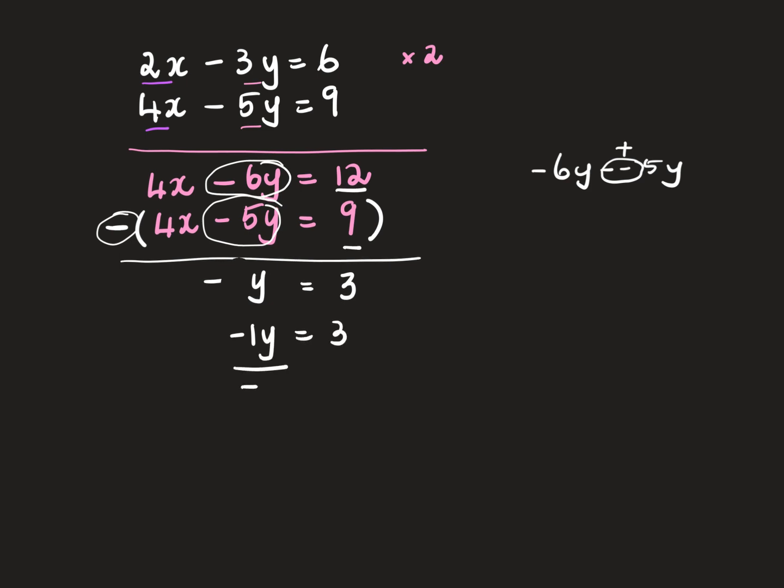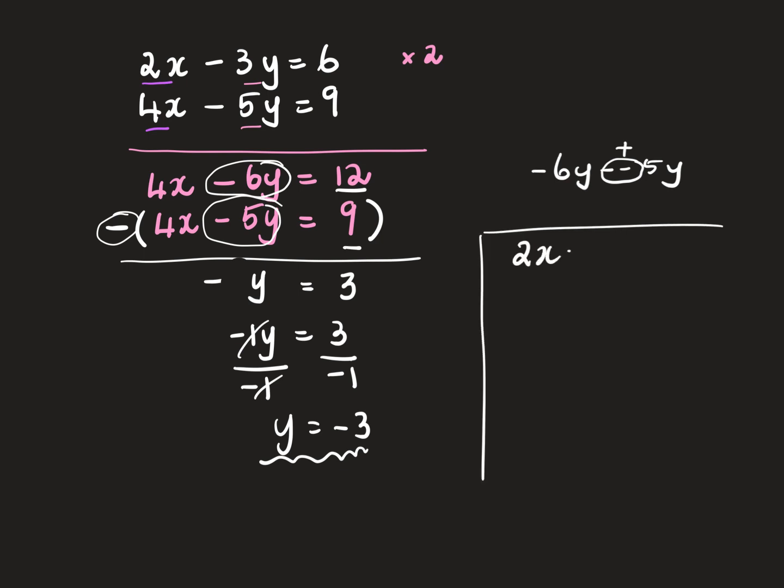What am I going to do? Divide both sides by negative 1. y is equal to negative 3. Pop that back into one of the equations. 2x minus 3y equals 6. 2x minus 3 lots of minus 3 equals 6. See that? y is negative 3.